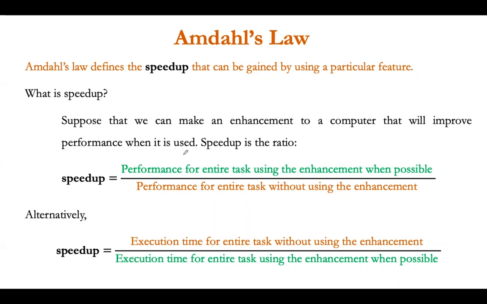It states that the performance improvement to be gained from using some faster mode of execution is limited by the fraction of the time the faster mode can be used. That is, Amdahl's law defines the speedup that can be gained by using a particular feature.